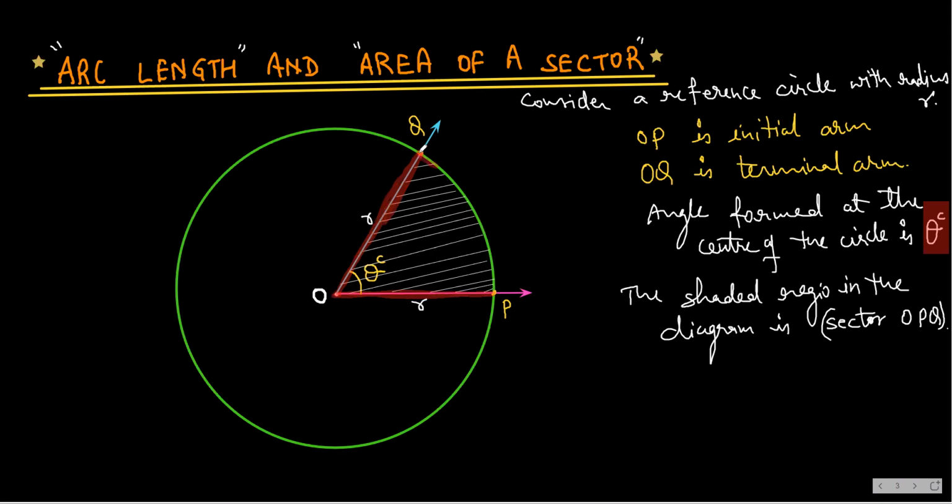So the two boundaries are straight lines and the third boundary is an arc. And the central angle is theta radian.